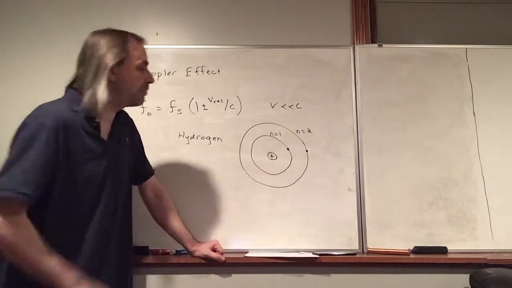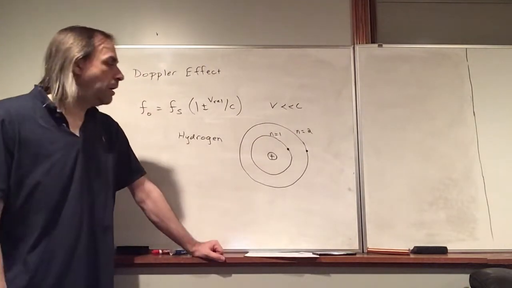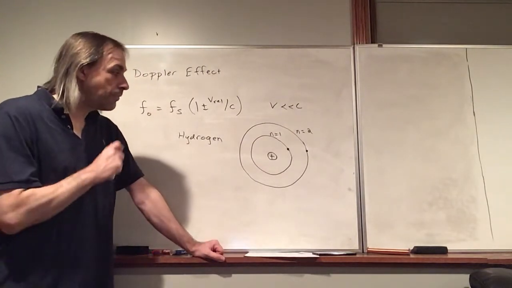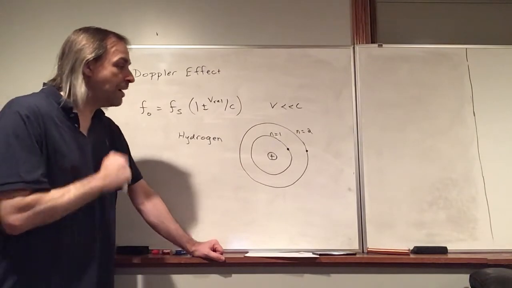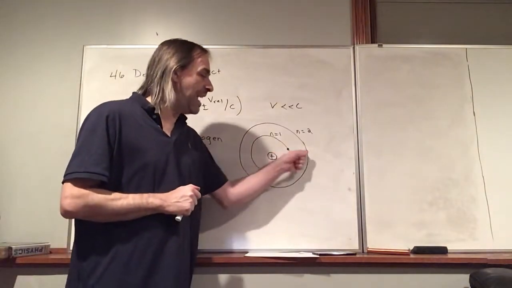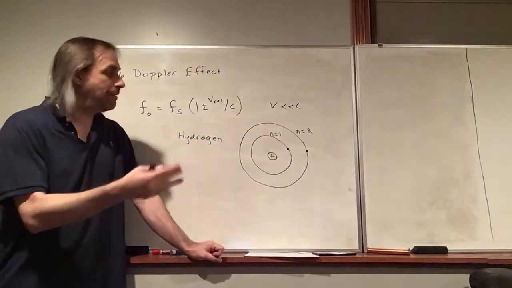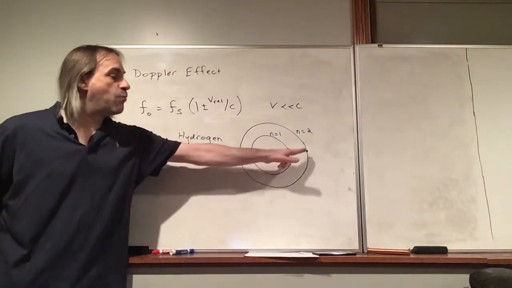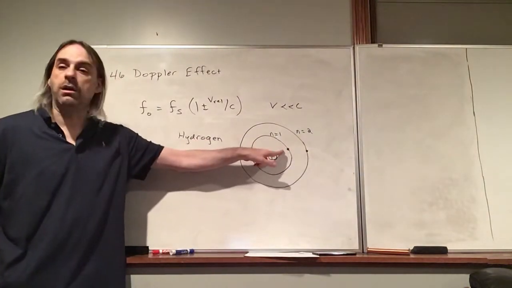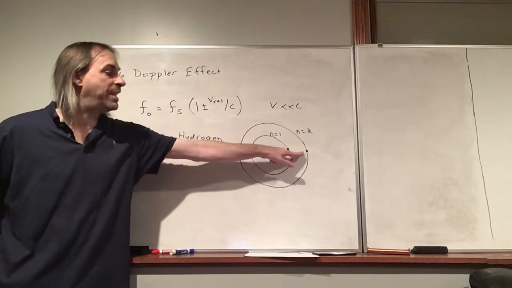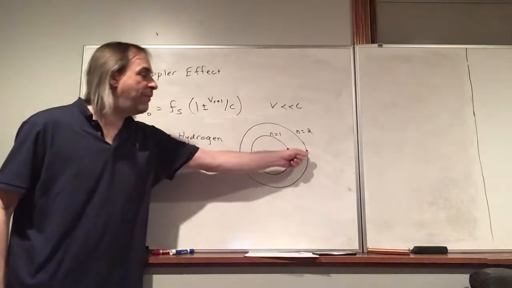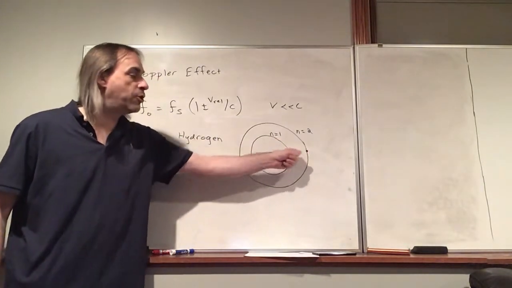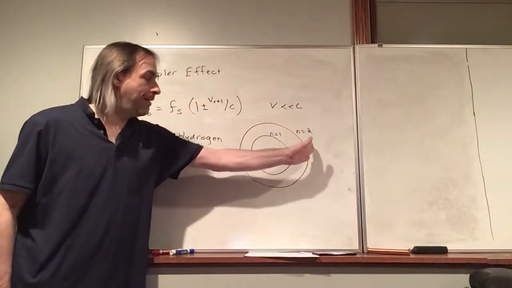So very different behavior. Anyways, the electron is going to have different energies depending on its orbit. It's going to have more energy here than it does here. Remember, this is a negative charge. It's attracted to the proton. If it could fall from this orbit to this one, it would accelerate.